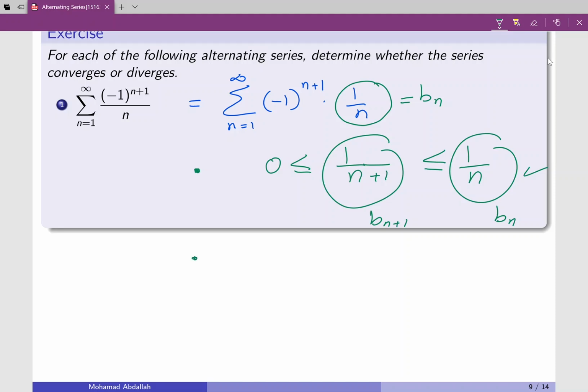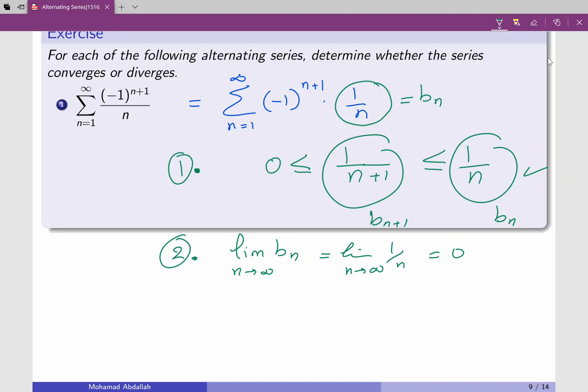The second condition, you find the limit of Bn when n goes to infinity. This is the limit of 1 over n when n goes to infinity, which is 0. So the two conditions: condition 1, Bn is positive and decreasing; condition 2, the limit of Bn goes to 0 when n goes to infinity.